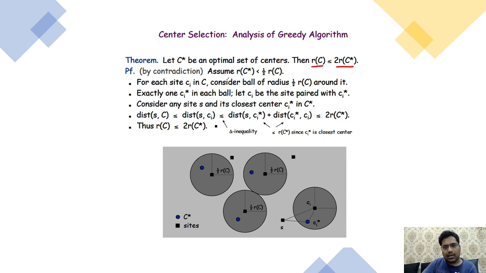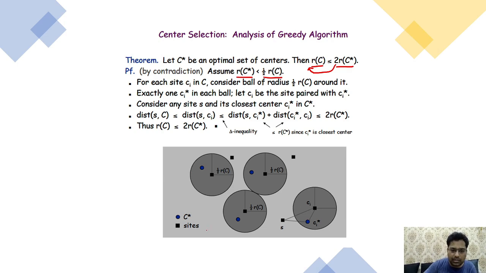So by contradiction, once you start proving it, assume R(C star) is less than half of R(C), that exactly the two which we have said. This side we have represented as 1 by 2. Clear, this portion is completed.